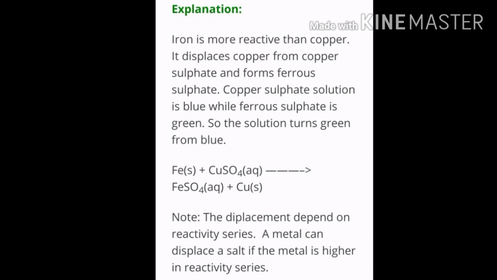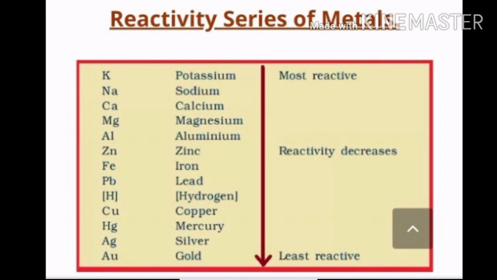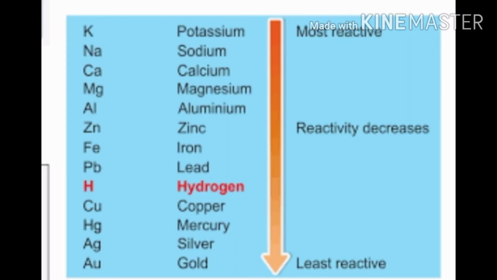We have checked the reactivity of various metals with oxygen, water, and acid. But not all metals react with these reagents. Some react vigorously, some at a moderate rate, and some do not react at all. This displacement reaction is better evidence about the reactivity of metals. It is simple and easy.